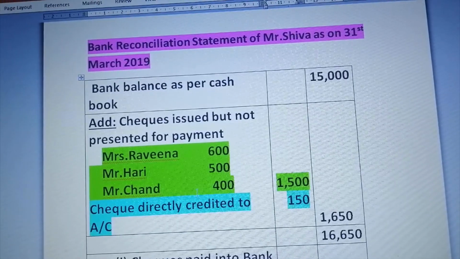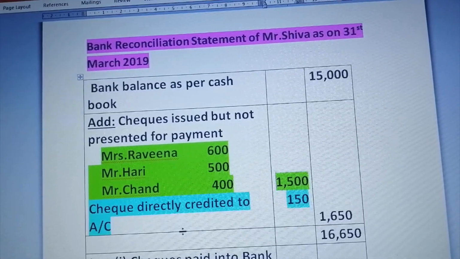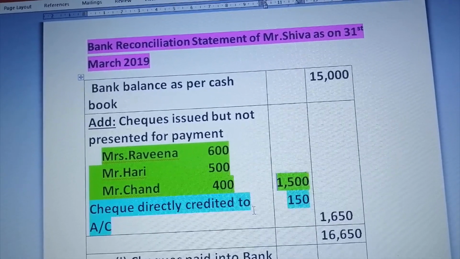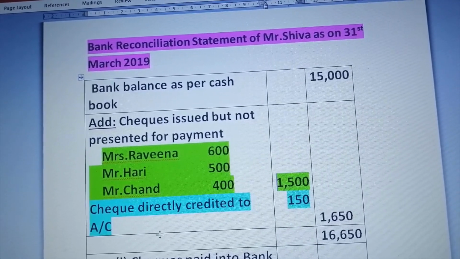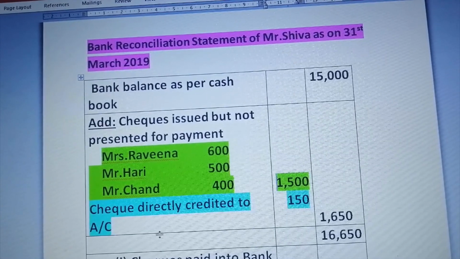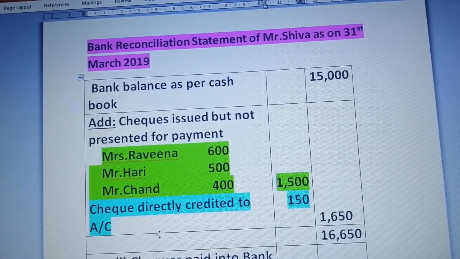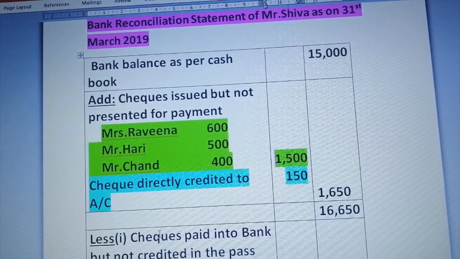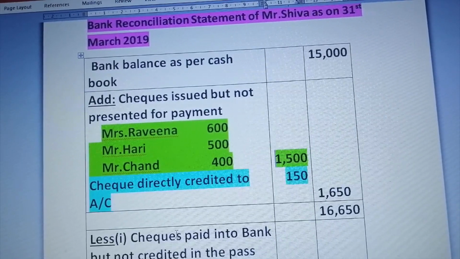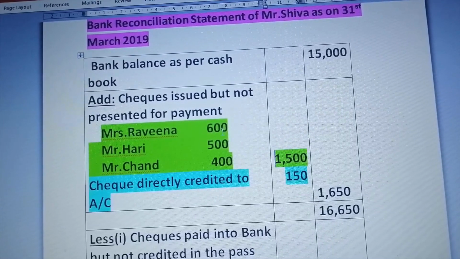Okay. See here, check directly credited to account. As it is not yet entered in the books of cash book, this is a transaction that leads to increase the balance of passbook. That's why it has been added back to cash book balance. Okay. So 150 is added along with the cash book balance.